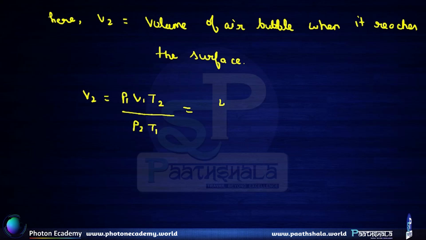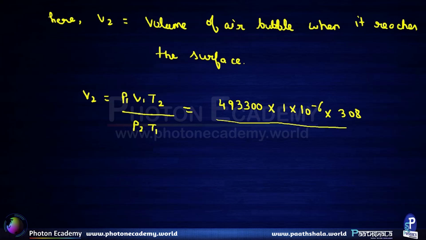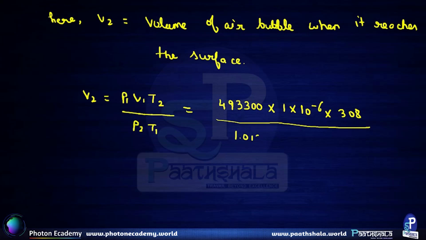So P1 was 493300, times V1, which is 1 × 10^-6, times T2, which is 308, upon P2, which is 1.013 × 10^5, times T1, which is 285.